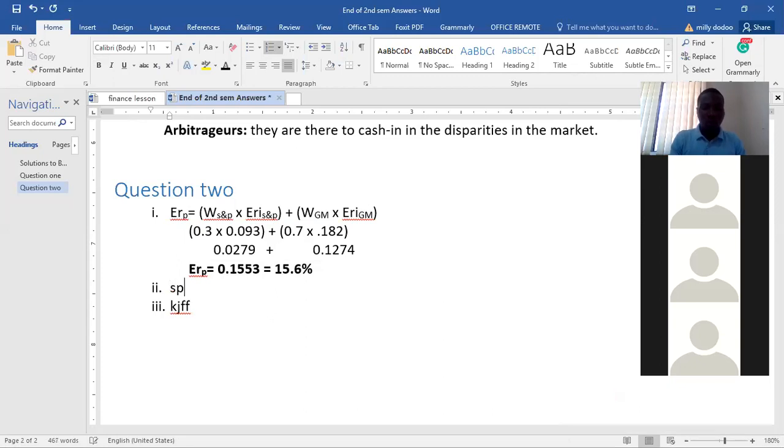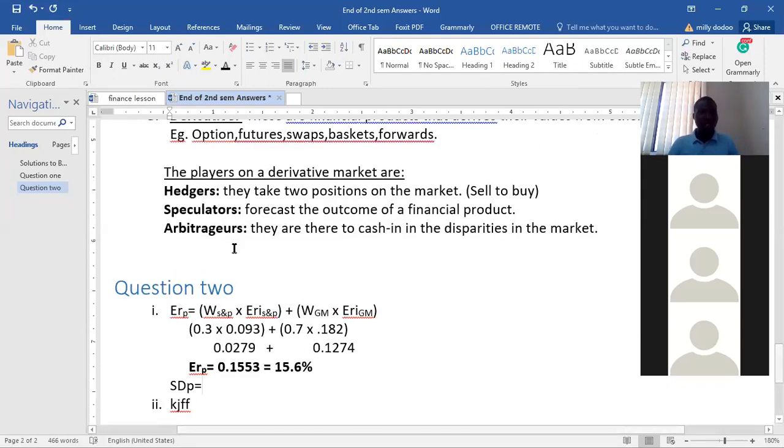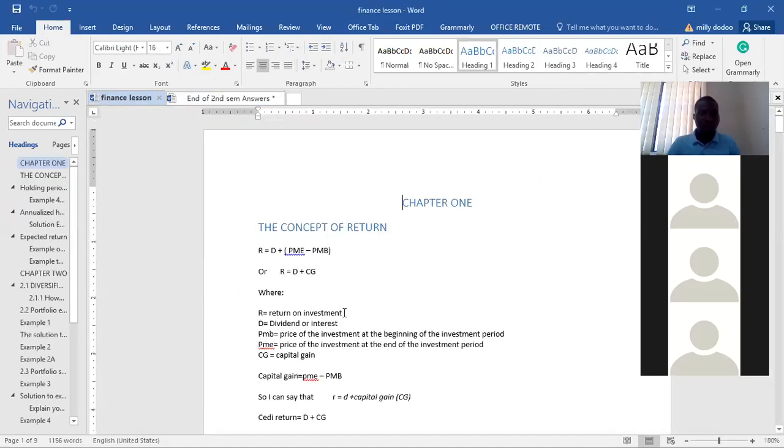Now the question also wanted you to find, for the same portfolio, the portfolio standard deviation, which we knew the formula.